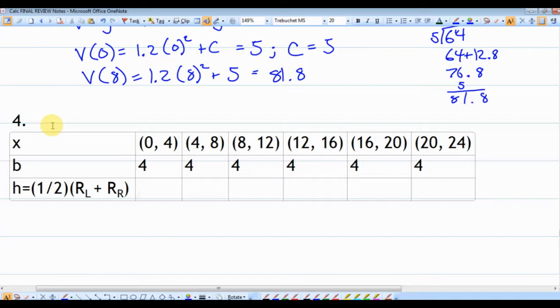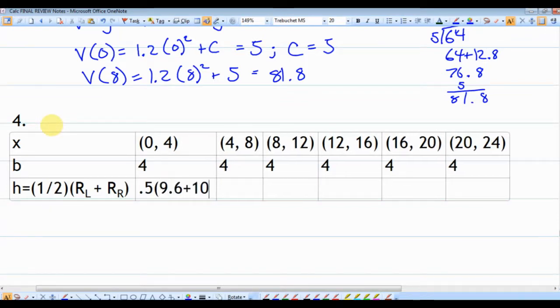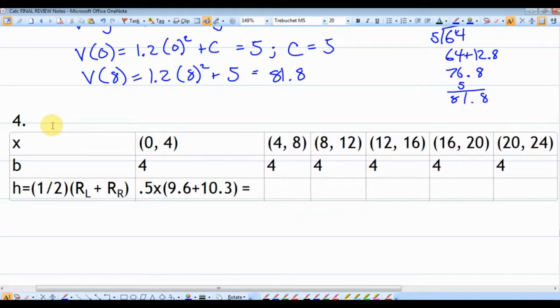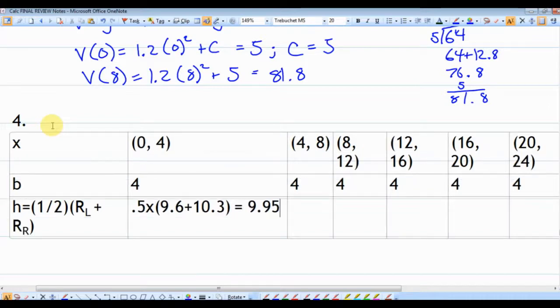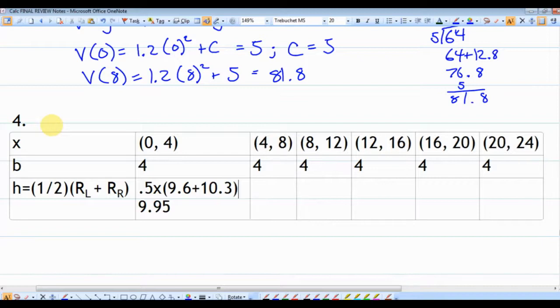What's the average of 9.6 and 10.3? 9.95.